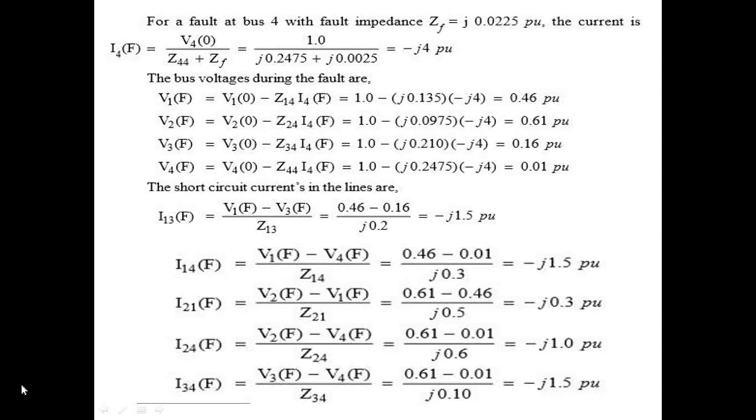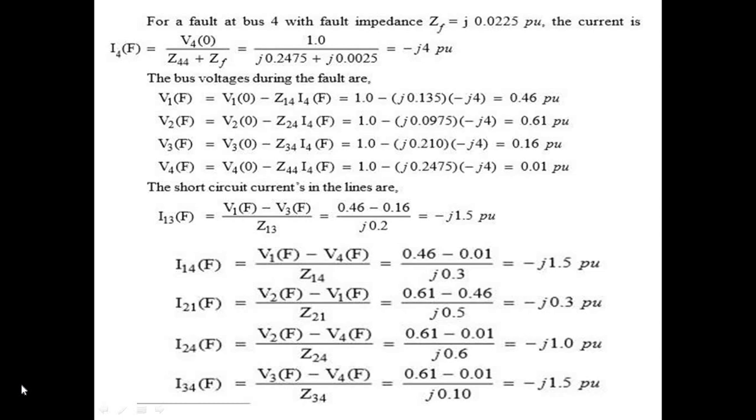Then V3 fault is equal to V3 minus Z34 into I4, equal to 1.0 minus j0.2010 into minus j4, which is equal to 0.16. Then V4 is equal to V4 minus Z44 into I4, equal to minus j0.2475 into minus j4, which is equal to 0.01 per unit.